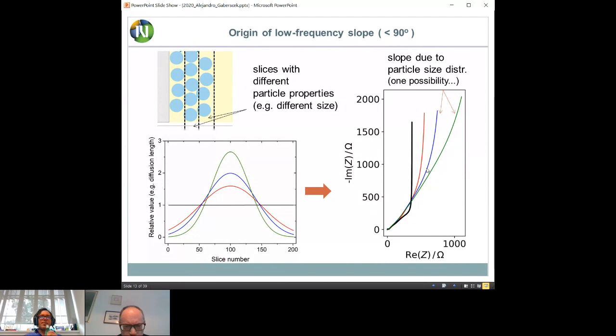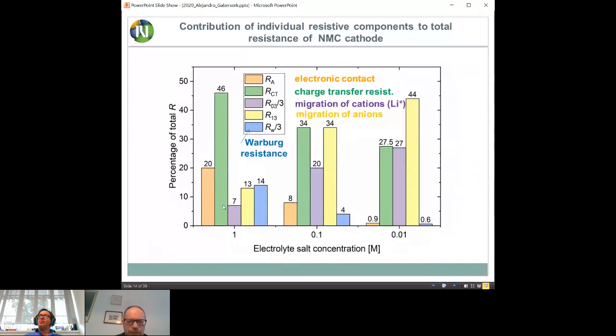So for each resistive section that we have, we can get a value and then compare. At 1 molar case, the biggest contribution to resistance is due to charge transfer resistance, and the others are less. And then if you change concentration, this will change.